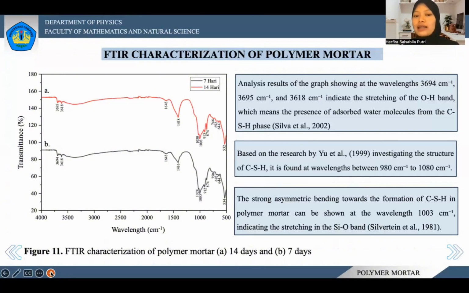It is found at wave number between 980 and 1080. And then the strong asymmetric linkage toward the formation of calcium silicate hydrate in polymer mortar can be shown at the wave number 1030, indicating the stretching in the Si-O band.